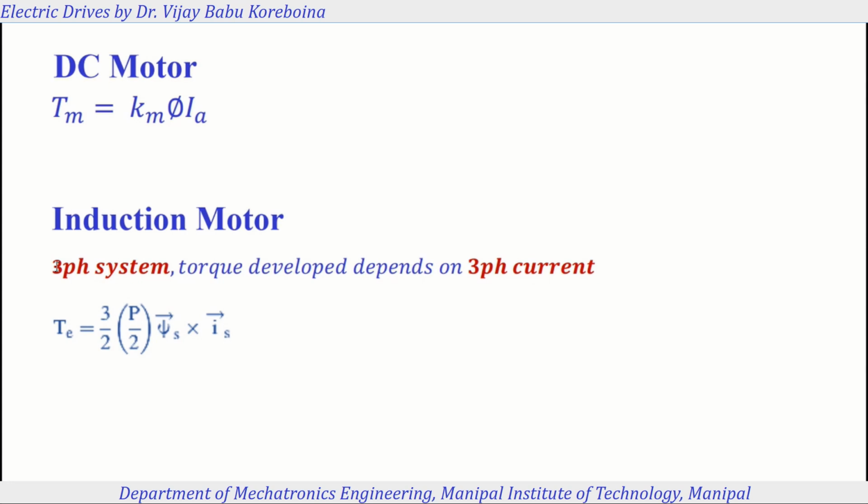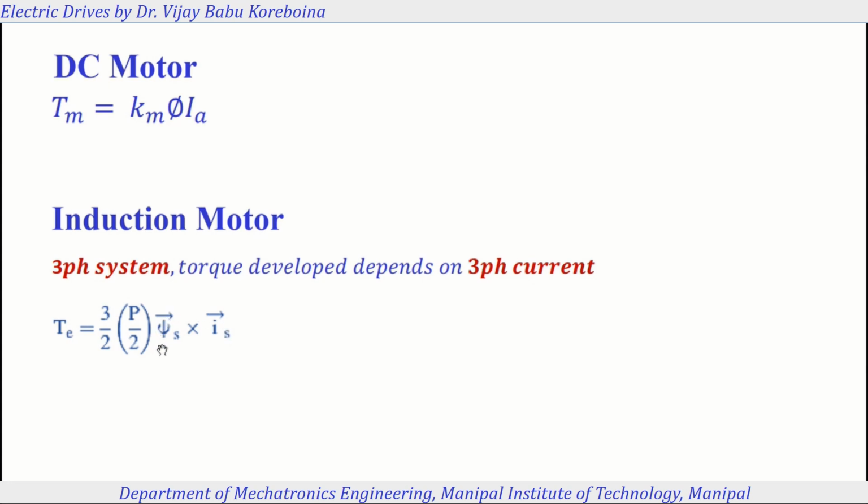Torque is proportional to flux and current, both scalar quantities. Whereas an induction motor is a three-phase system, and the torque developed can also be represented similarly to the DC motor, as we can see in this equation. Phi s is the flux and i s is the current.